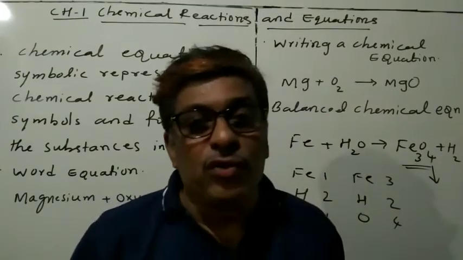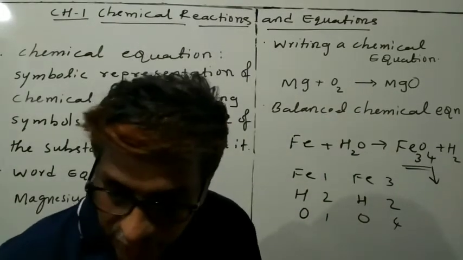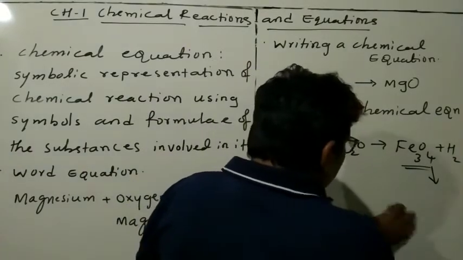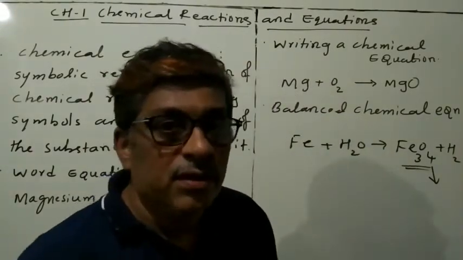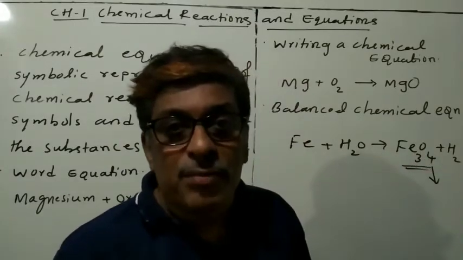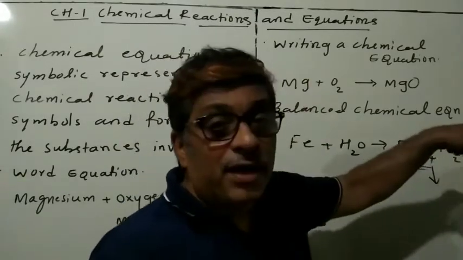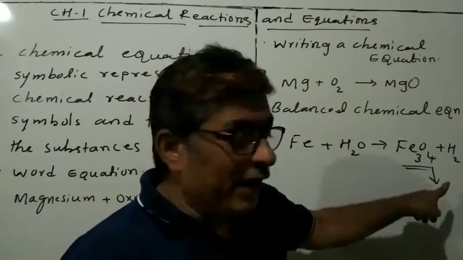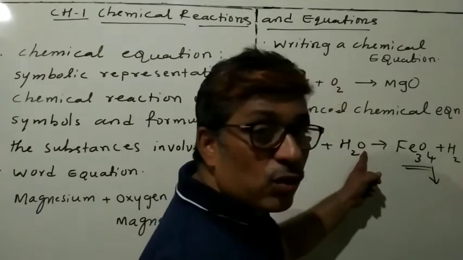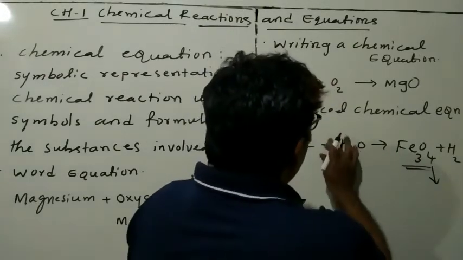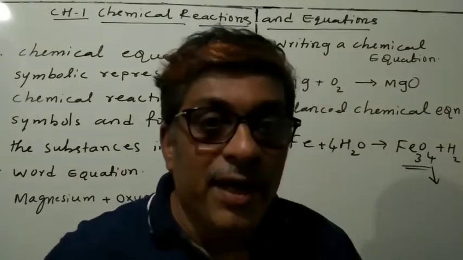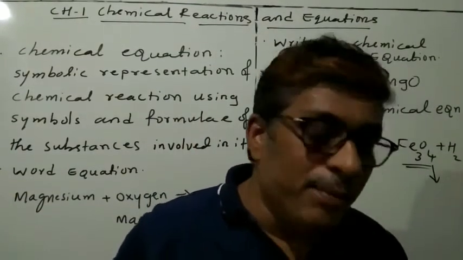These are the tricks you have to follow whenever balancing an equation. So here oxygen is 4, and here oxygen is only 1. So that is why here you can keep 4, by 4 of oxygen you can keep here.